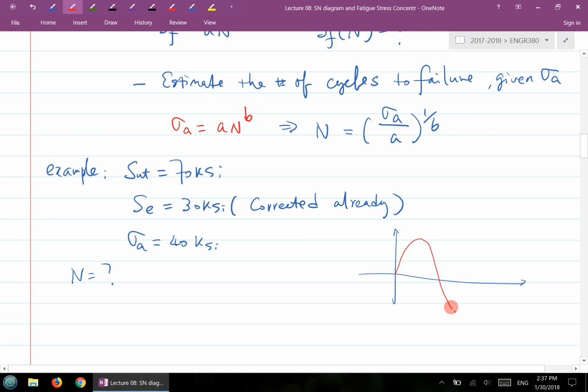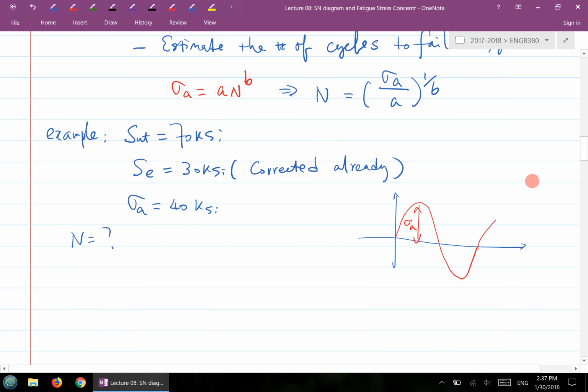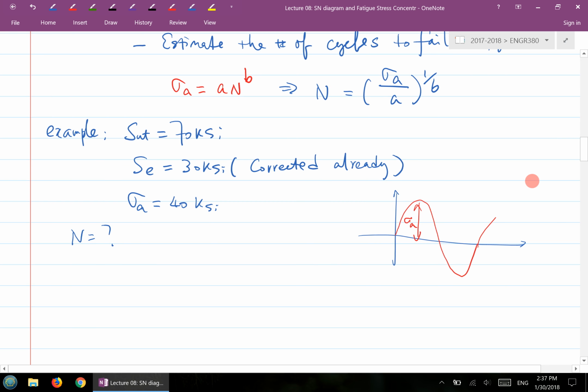So basically here you have the loading here. Simple application of this given formula: A value equals F SUT squared over SE. F is the fatigue strength fraction.